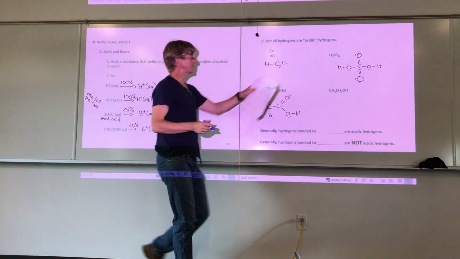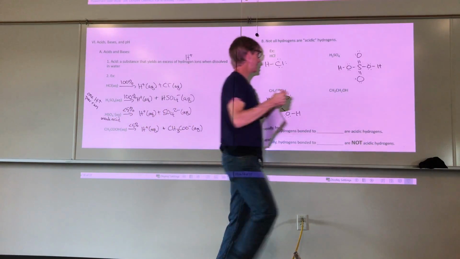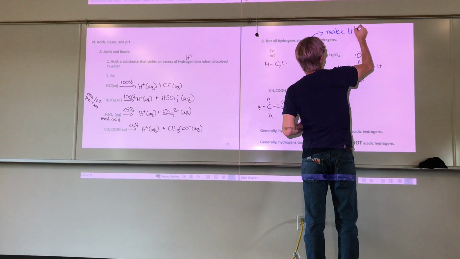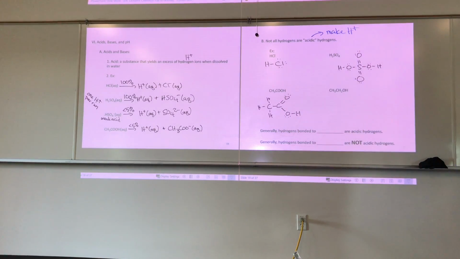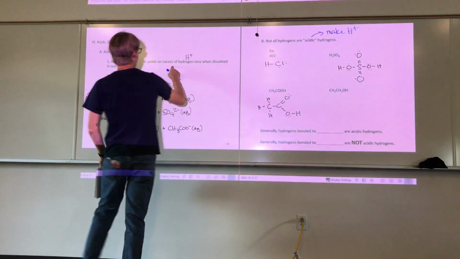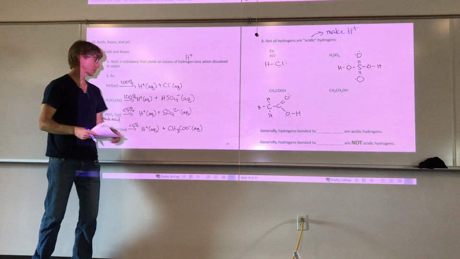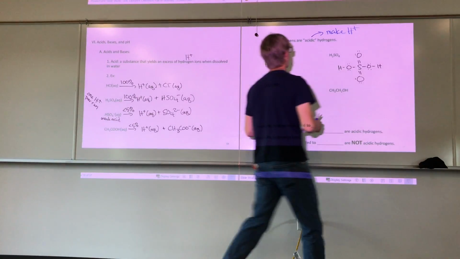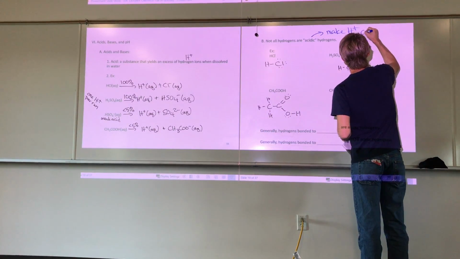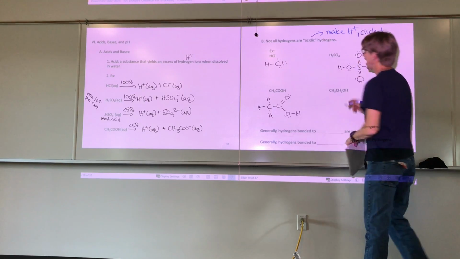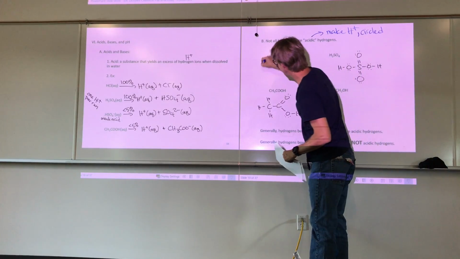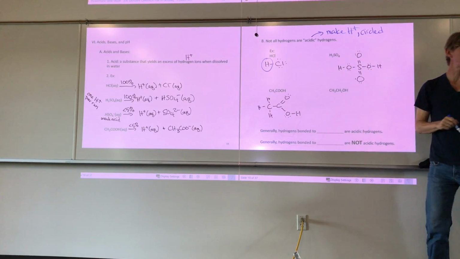Now when I say acidic hydrogens, what I mean is hydrogens that make H+. Some amount of H+. Just like here, an acid yields H+. Could be a lot, could be a small percent. Now I'm going to circle them. So there's only one H here. That's got to be the one that forms H+.